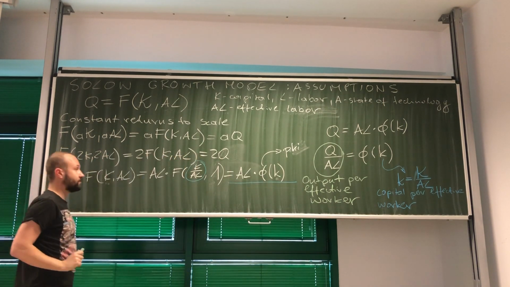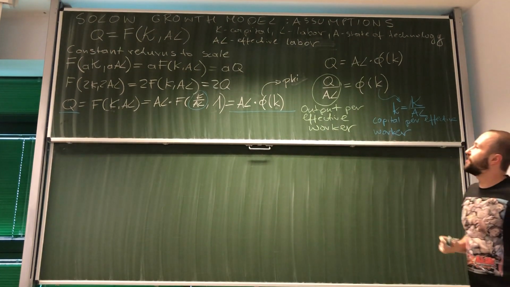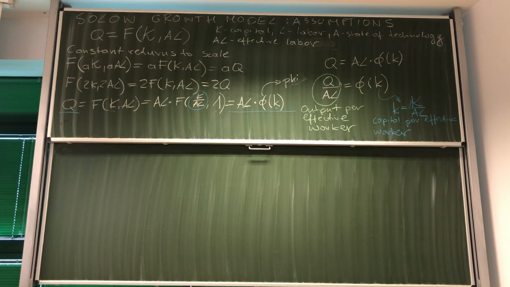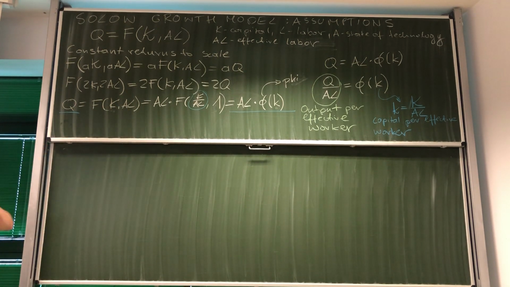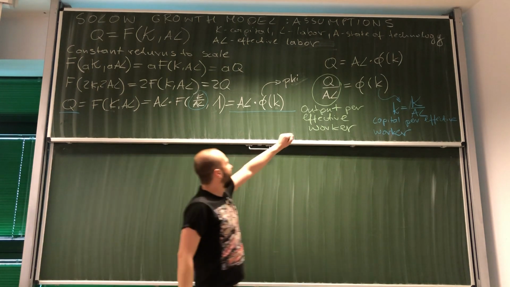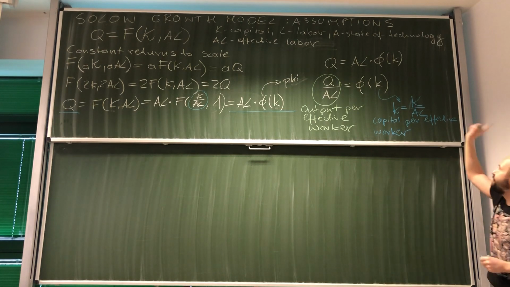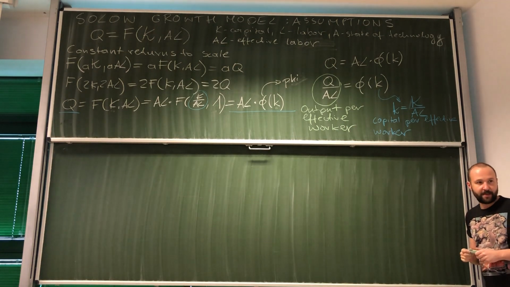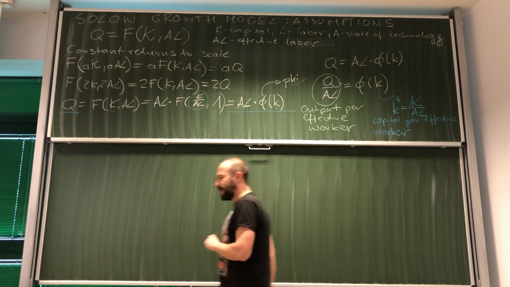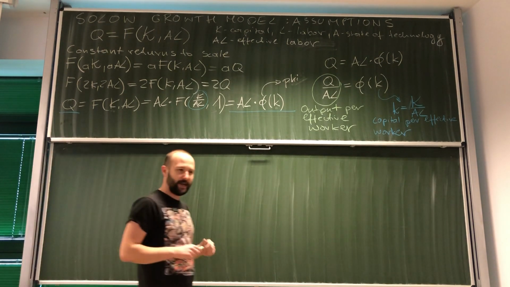Okay, so look, what we've been able to do with the assumption of constant returns to scale is to transform the production function we were using to an equivalent form where we express output per effective worker as some function phi of capital per effective worker. Now, that is very good news for us because we simplified our job quite extensively.